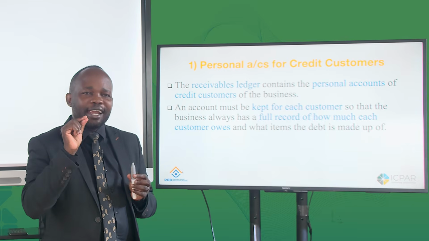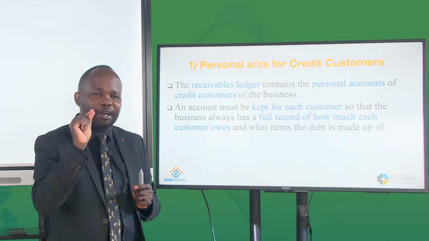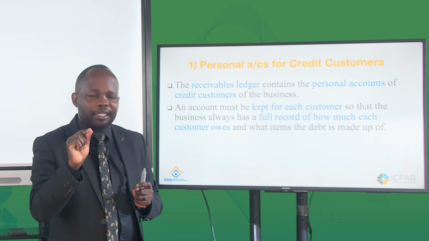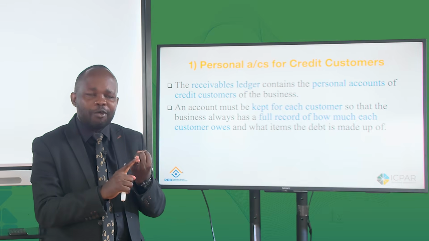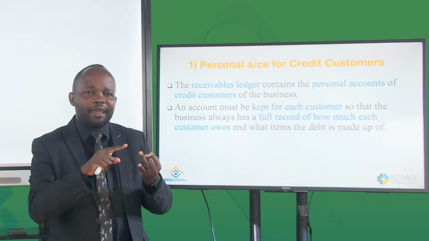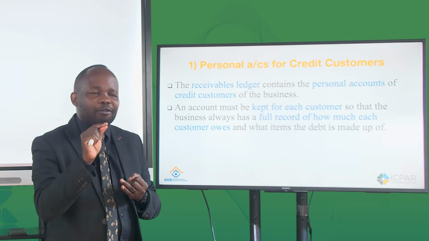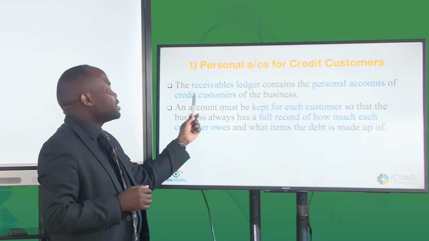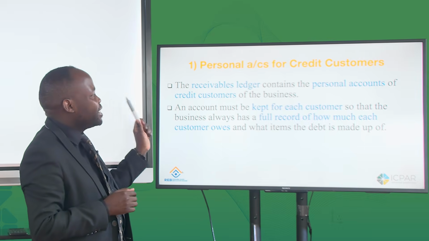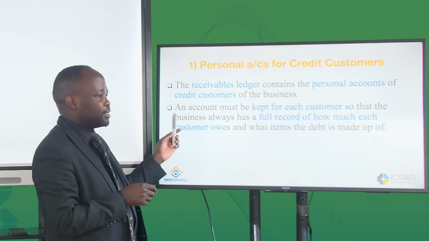Now, let's start with personal accounts for credit customers. We have said that in a ledger account, we record T accounts for each customer. It's a personal account for each. So if we have Diane as a customer, there will be a Diane T account. If we have Charles, there will be a Charles T account. So the accounts are personal. The receivables ledger contains the personal accounts of credit customers of the business.